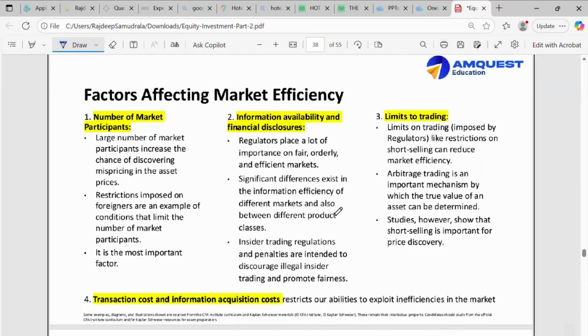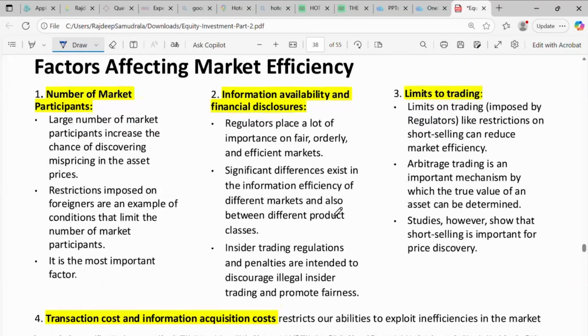What helps us to achieve market efficiencies, right? Now, obviously, in order to ensure that there is market efficiency, you want there to be as many players as possible. Only then will there be efficiency, because everyone will do their bit in the market to make it more efficient, right? So the first important factor for efficiency is a large number of market participants, because all of them are trying to seek the correct price, right?